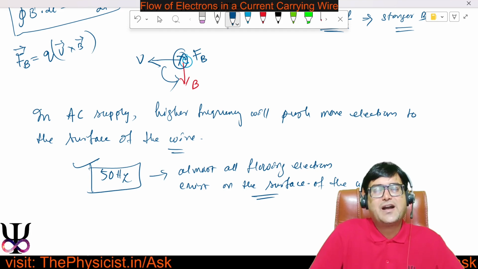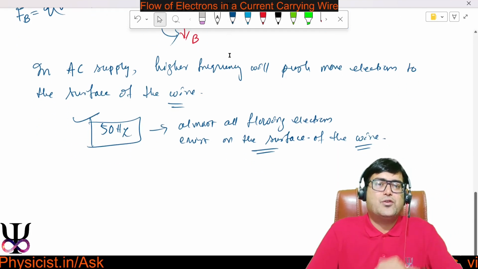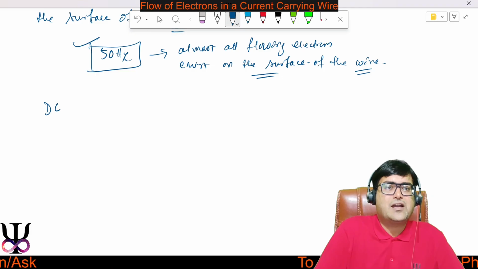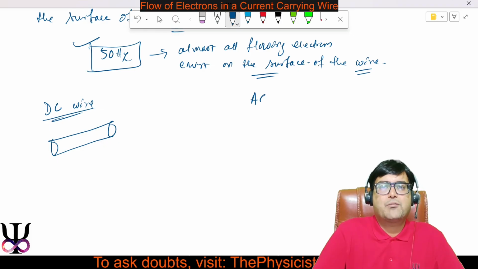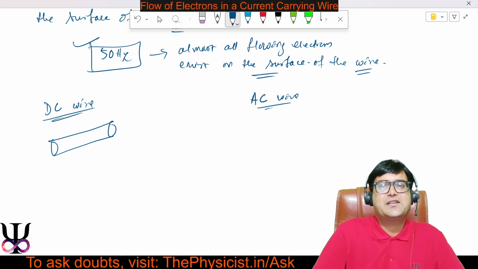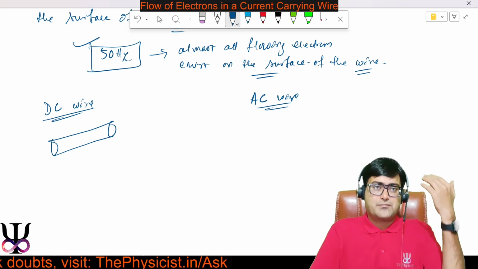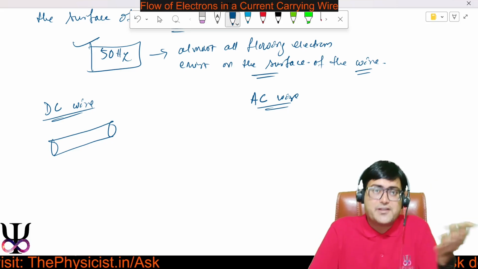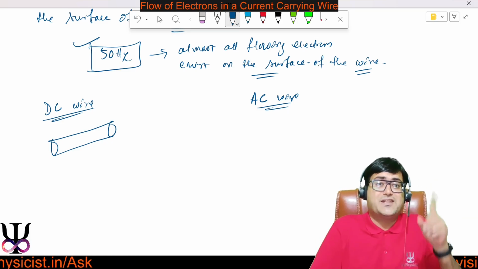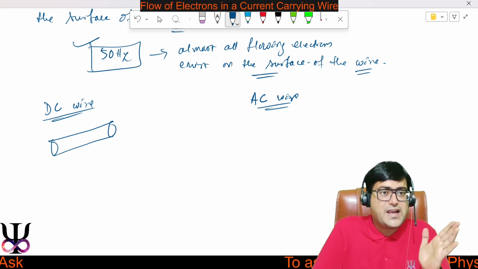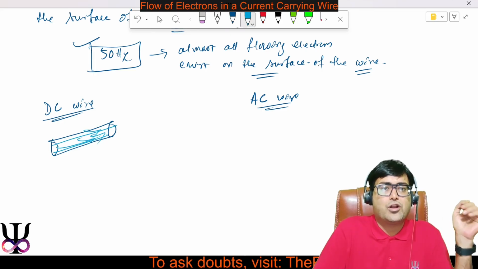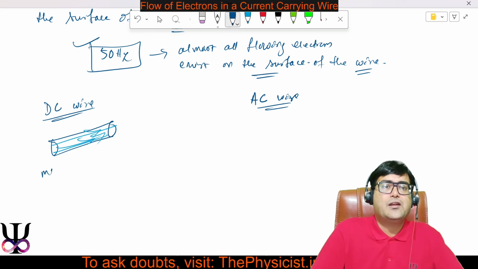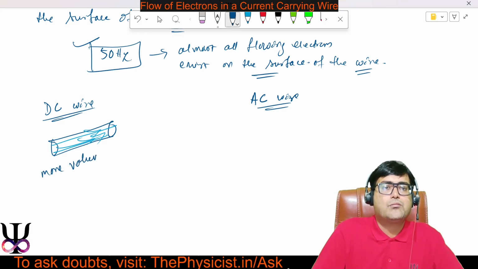And that is why, if you talk about a DC wire, it will basically be a whole wire. But when you talk about an AC wire, electrons flow on the surface of the wire, so we need more surface. In DC, electrons flow inside the wire, so we need more volume.